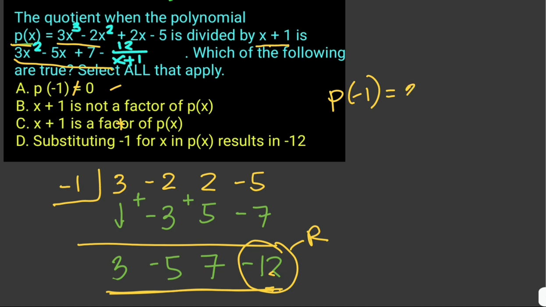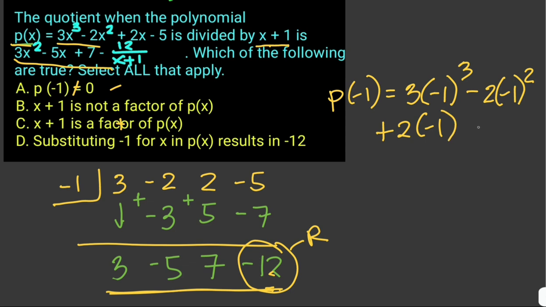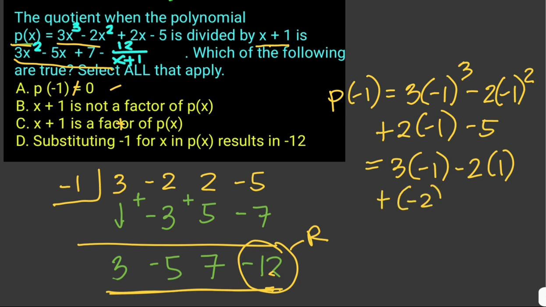And then we plug in the value of x, which is negative 1. So this is 3 times negative 1 cubed minus 2 times negative 1 squared plus 2 times negative 1 minus 5. 3 times negative 1 cubed is negative 3. Minus 2 times negative 1 squared is minus 2. Plus 2 times negative 1 is negative 2, minus 5.